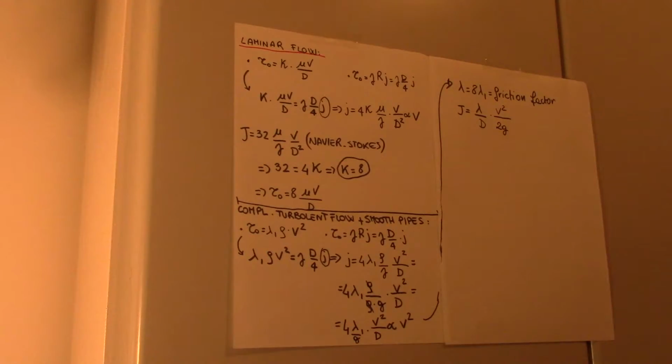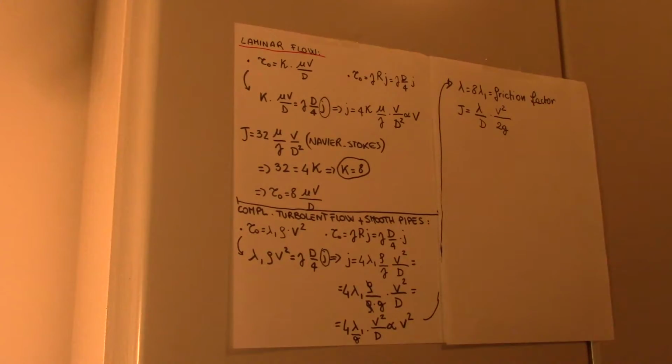This thing right here is Darcy-Weisbach. So it's a law which is called the Darcy-Weisbach law, and it's valid for every kind of flow because it is considering turbulent flow in smooth pipes.